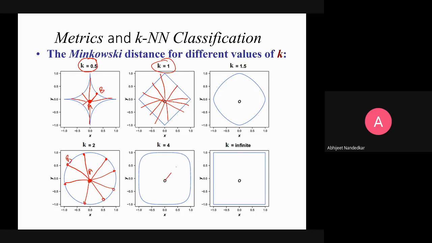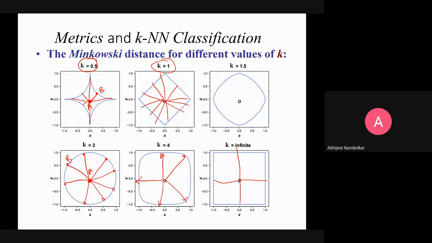Now here if you take k equal to 4, these distances are the same. If you take k equal to infinity, then this will be the structure.